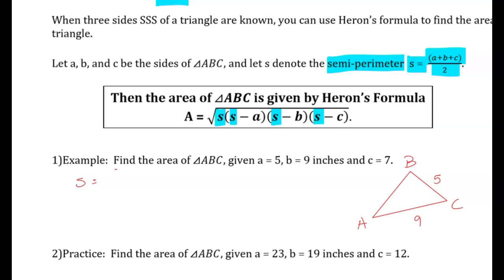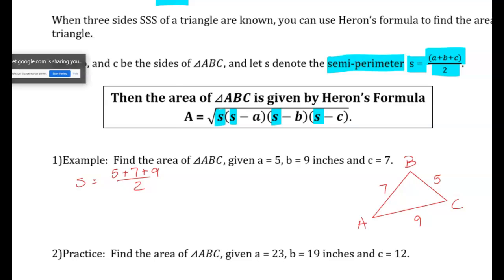In this case it's really not needed, but it does show you that this is a side side side triangle, meaning I can apply Heron's formula. So now I can find the semi-perimeter by taking those 3 sides, adding them together, and dividing by 2.